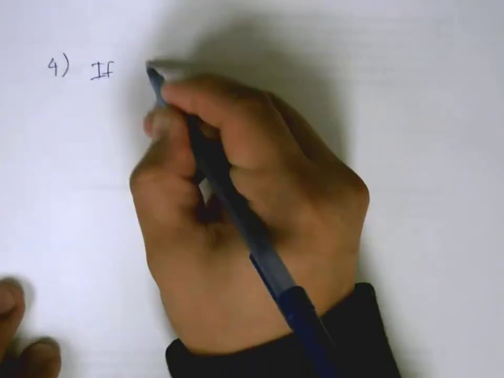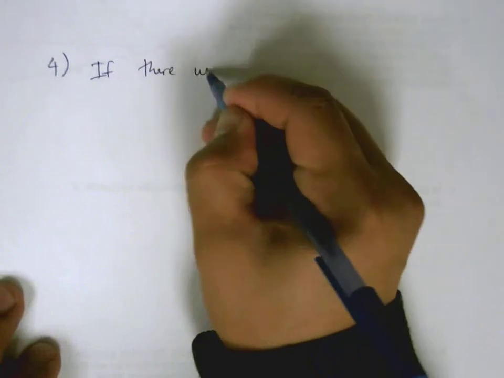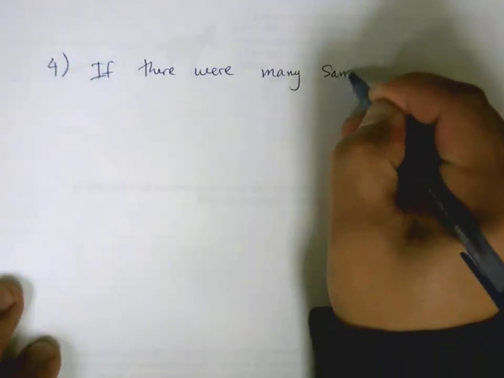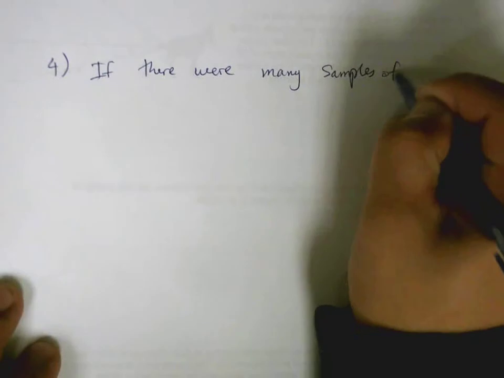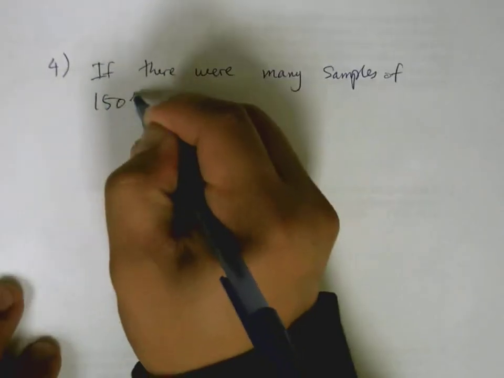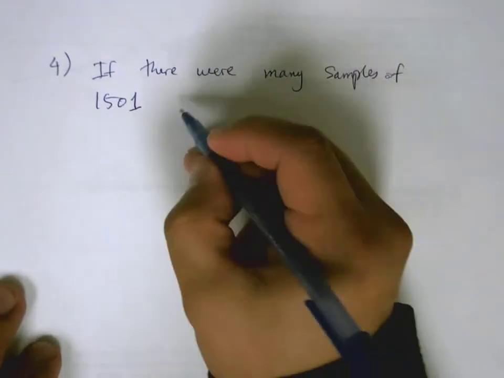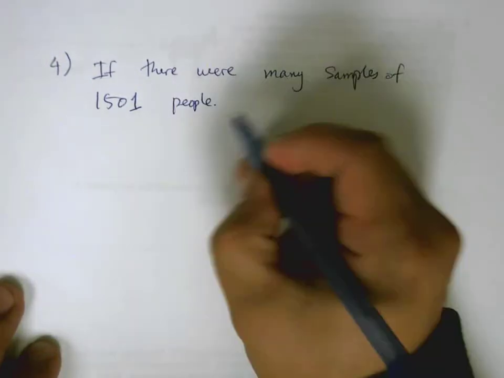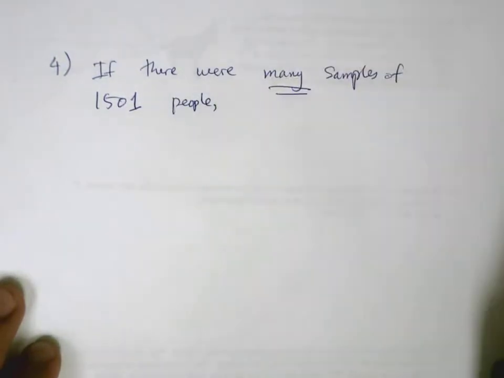That this is the answer to number 4. Okay, if there were many samples of 1,501 people, many, and so there, as the more samples, the better.